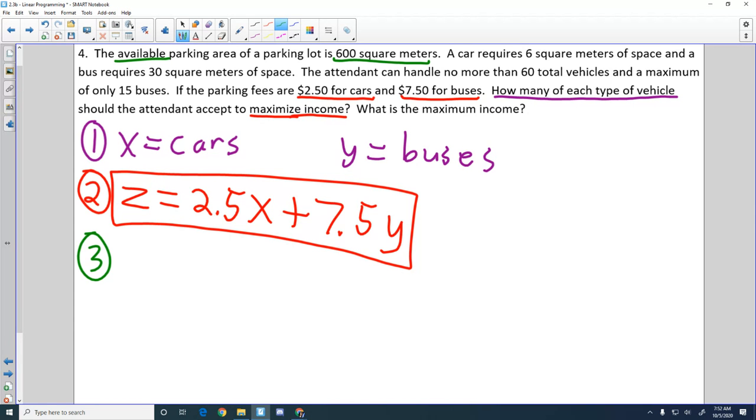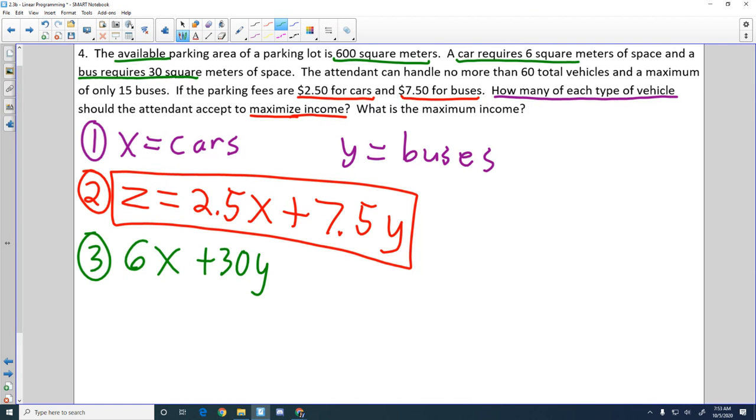It says right here that the car requires 6 square meters, so I'd write that as 6x, 6 square meters for every car. The bus takes 30 square meters for every bus, so I'm going to add 30y. That's the amount of space coming from cars, plus the amount of space coming from buses.